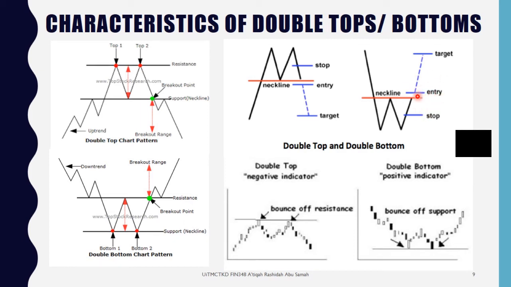You may decide whether you want to buy or just look at what happens. And then this is the target, which just now we called the price projection. The distance is between the support and also the resistance lines. So, target.